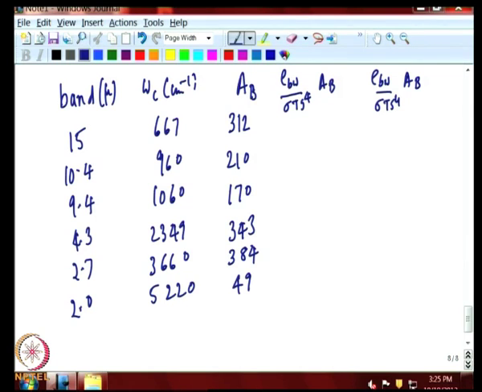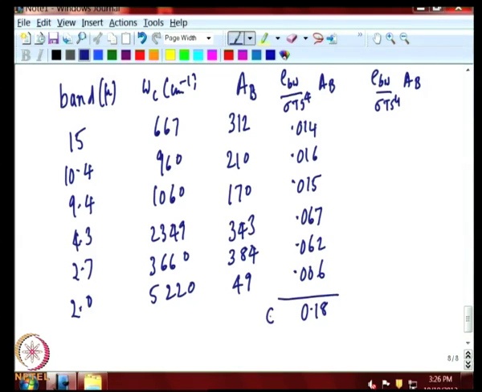But how much they contribute to emissivity and absorptivity is very different. You have to multiply this by this fraction. For emissivity, you get following contribution. You add all this up, you get 0.18 as the gas emissivity.